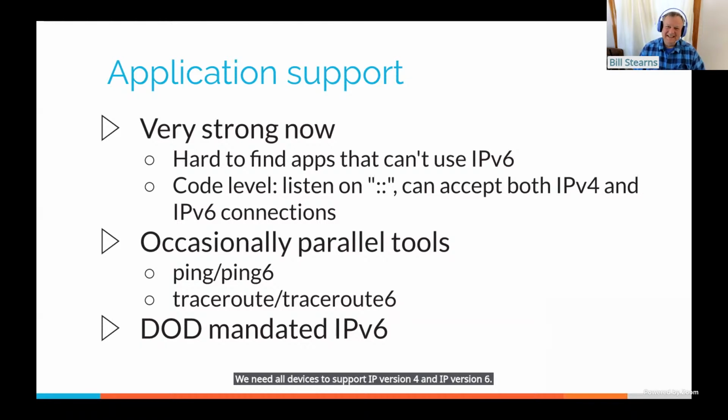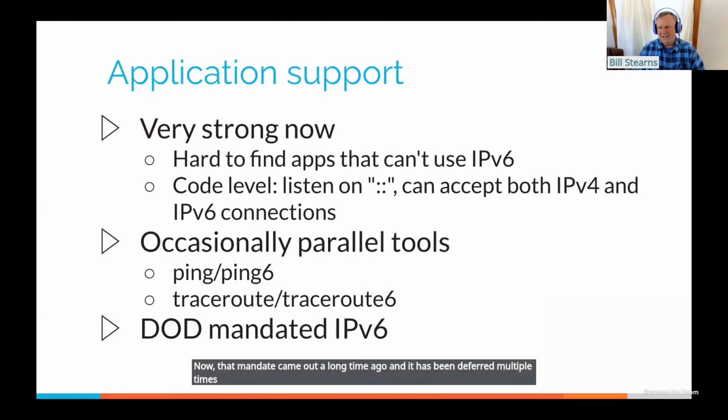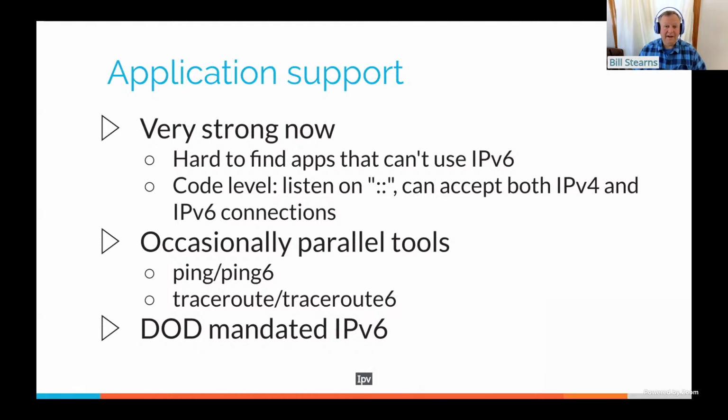Now, that mandate came out a long time ago, and it has been deferred multiple times. Even today, the current wording for that mandate says that by September 2025, 80% of all Department of Defense machines will support IP version 6. And they're still working through old devices that are IPv4 only and will never have IPv6 support.